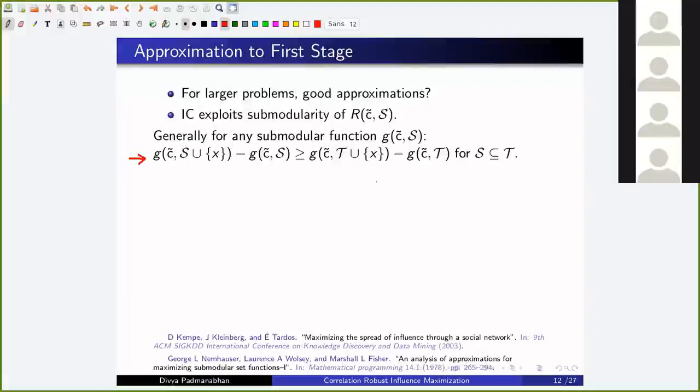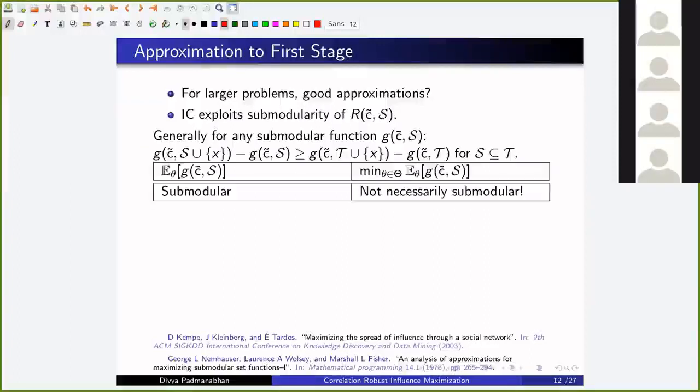So it's just that here we have this, there is a random variable also. Now, if you fix the C's, if you fix the configurations, we can show that the reachability function is submodular in the S. This is shown in the original paper by Kempe. And if you take the expectation over any fixed distribution, the submodularity is retained.